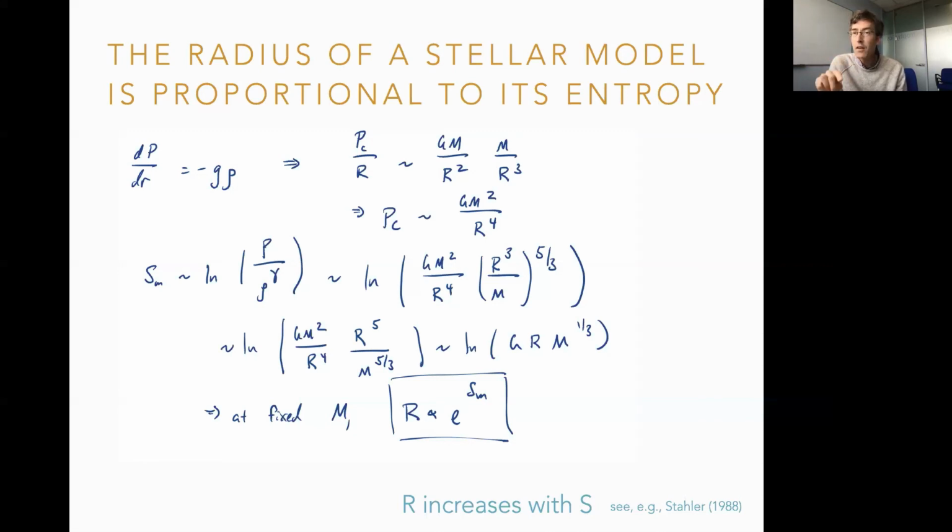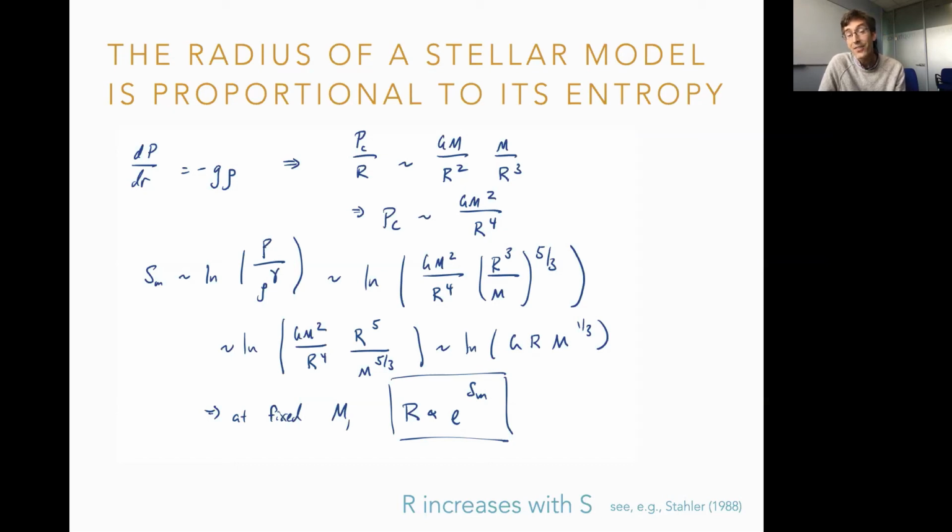Just putting in those homology relations from above, at the center of the star, for example, it'll be of order log of GM squared over r to the fourth times r cubed over M, for gamma equals 5/3, so an ideal gas. Plugging through and canceling things out, you'll find that it goes like the log of g times r times M to the 1/3.